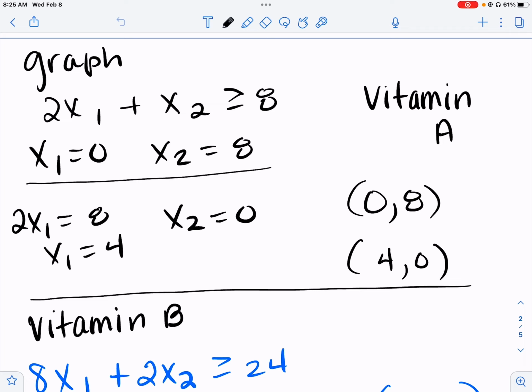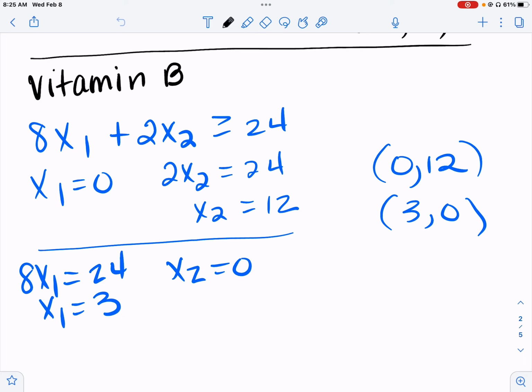For vitamin B, first we let x1 equal 0. So we get 2x2 equals 24, so x2 equals 12. Next we plug in x2 equals 0. So we get 8x1 equals 24. Divide, x1 equals 3. So our two points for vitamin B are (0, 12) and (3, 0).